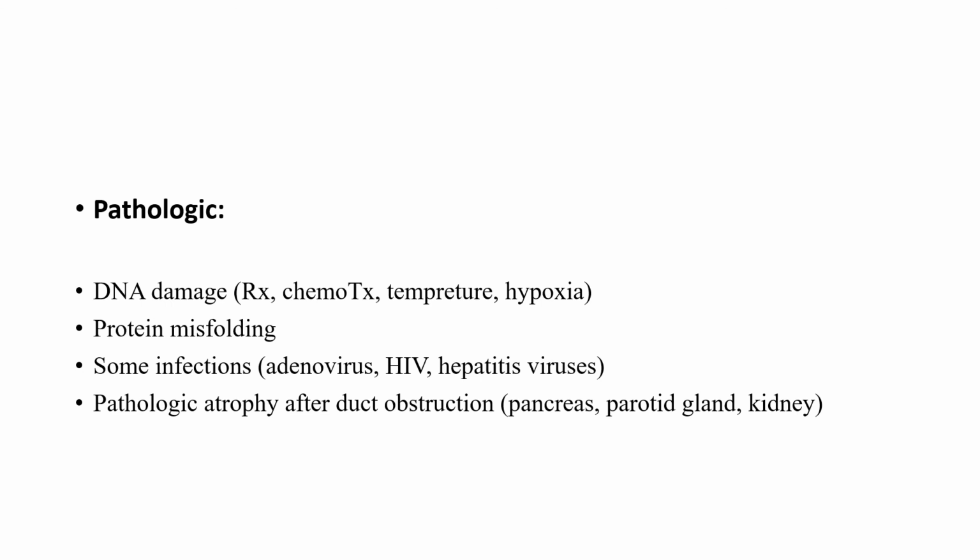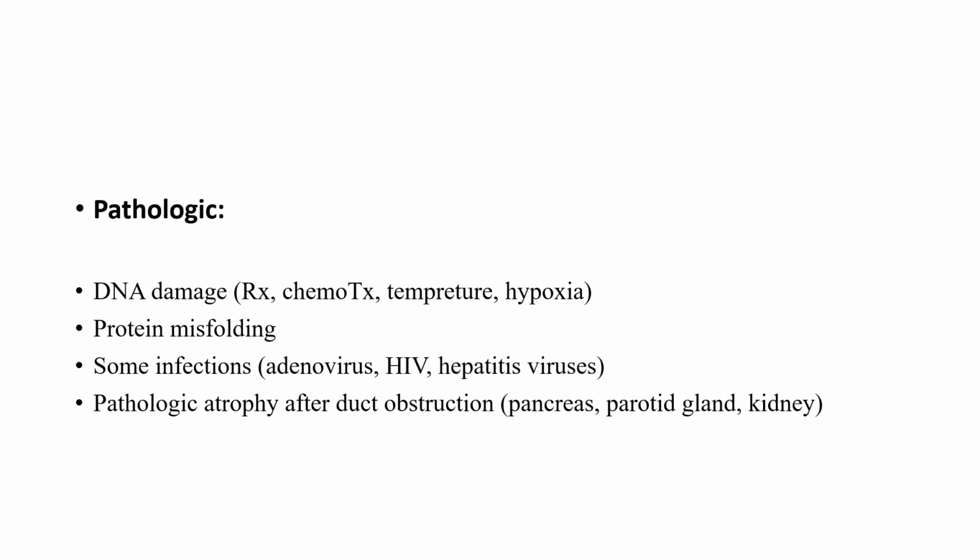بعض الانفكشنز، بعض الفيرال انفكشنز، الهيومن اميون ديفيشنسي فيروس اللي بسبب الايدز، بعض الهيباتيتس فيروسز، هذول كلياتهم برضو لما يعملوا انفكشنز بيعملوا death by necrosis، ولكن at the same time they can also cause death by apoptosis.